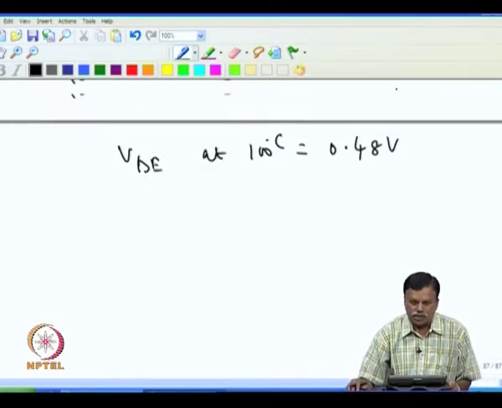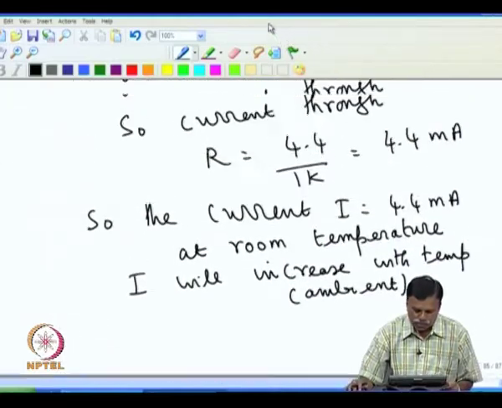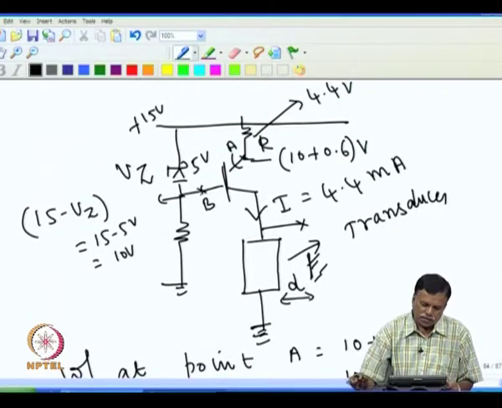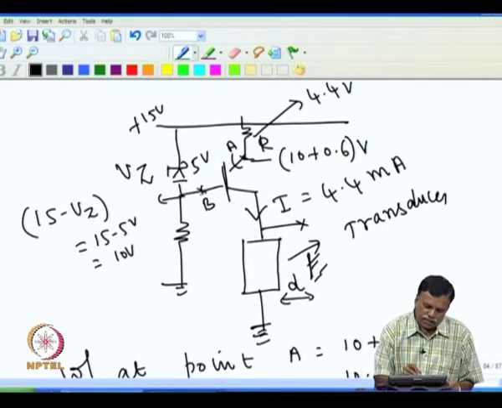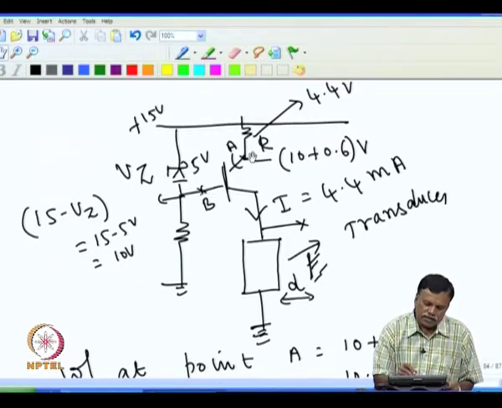So what is the voltage at point A? The voltage at B is 10 volt, and VBE is 0.48, so A will be 10.48 volt.